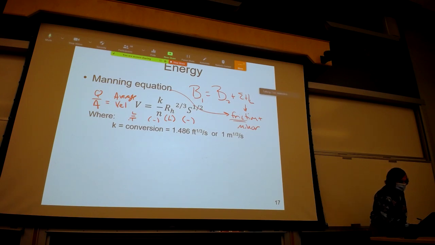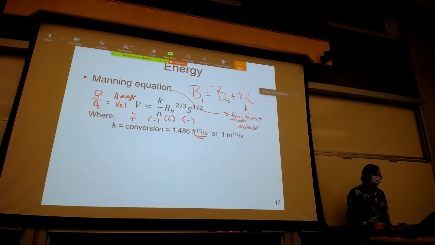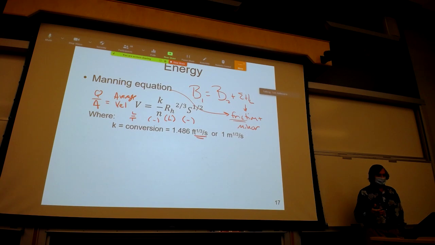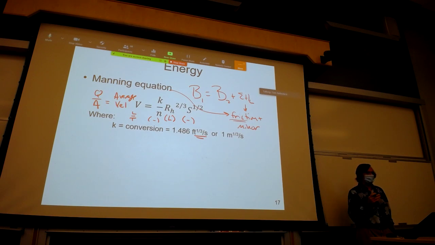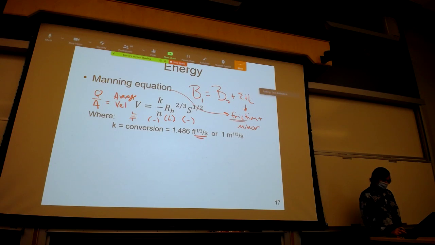You will never see people put the dimensions on K, ever, but it actually does have dimensions. So in SI, K is 1 meter to the one-third per second. If you convert meters to the one-third using 3.28 feet per meter to the one-third power, you get 1.486. Most people use 1.49 for K.